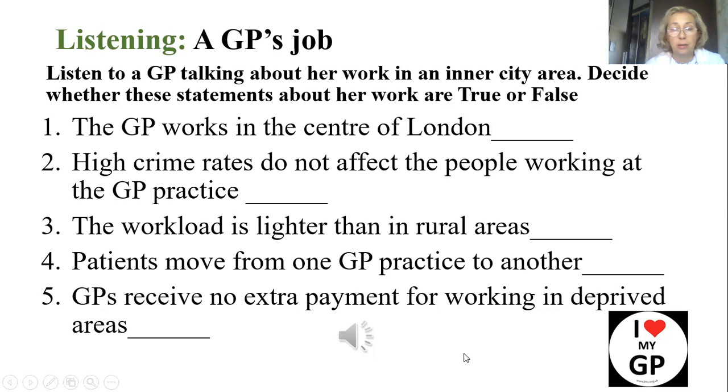Do you understand all the statements? Is everything clear? For example, workload. Do we understand what workload means? Yes, ma'am. This is the amount of hours that the people who work during a day, a week, for example.